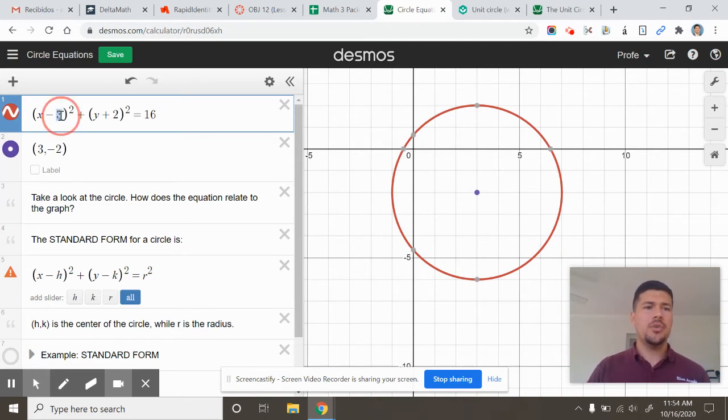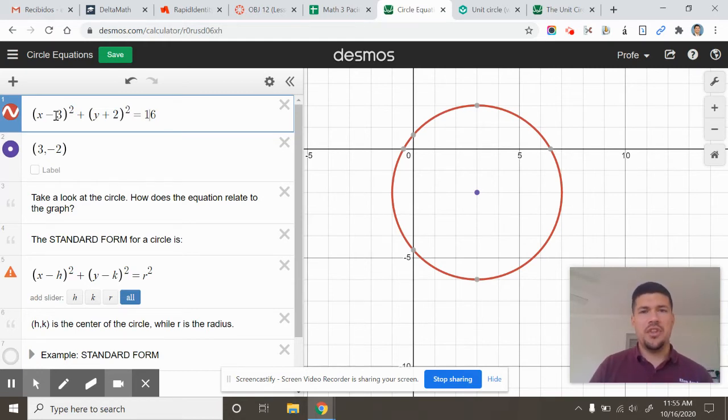You want to think back to what you've learned about factors and zeros. The first part of this equation contains (x - 3) squared. The second part contains (y + 2) squared. And the last part contains 16. Think about the zeros of those individual pieces.